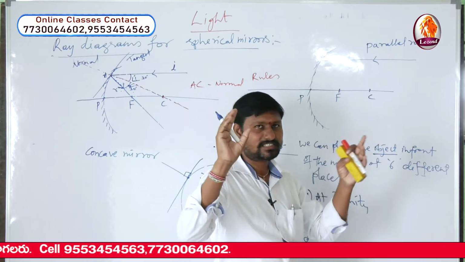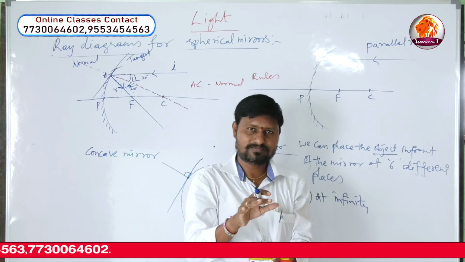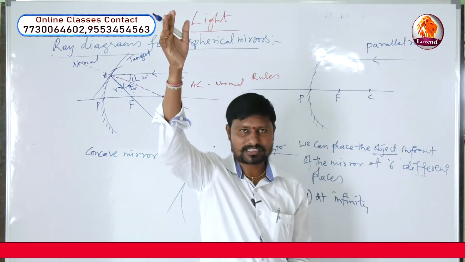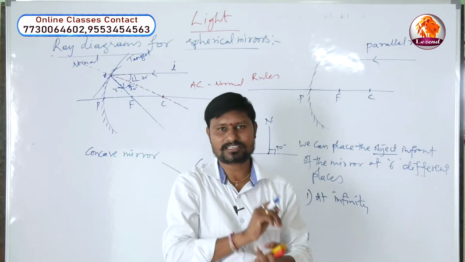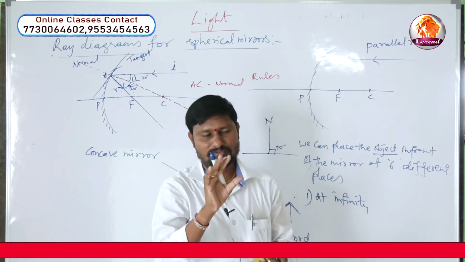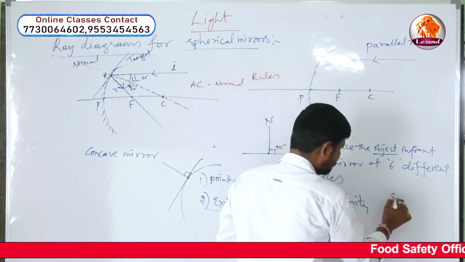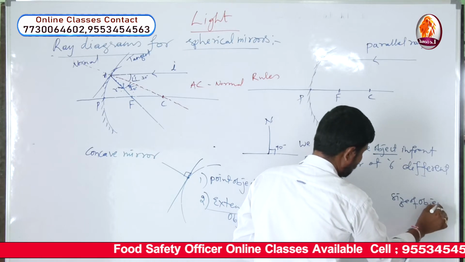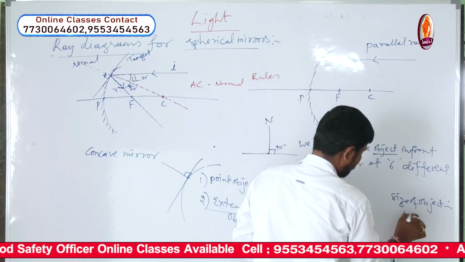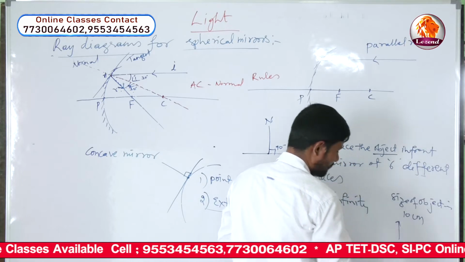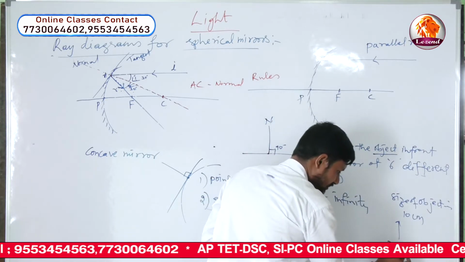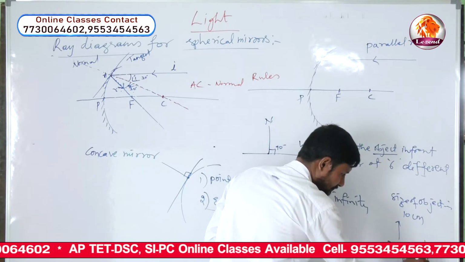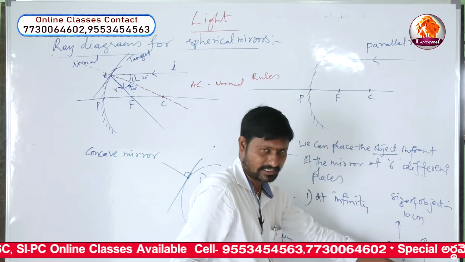Number 2, size of the image. Whether the size is the same as the object size, or larger than the size of the object, or smaller than the size of the object. For example, if the size of the object is 10 centimeters and the image is formed like this, this is the image size, let us suppose.